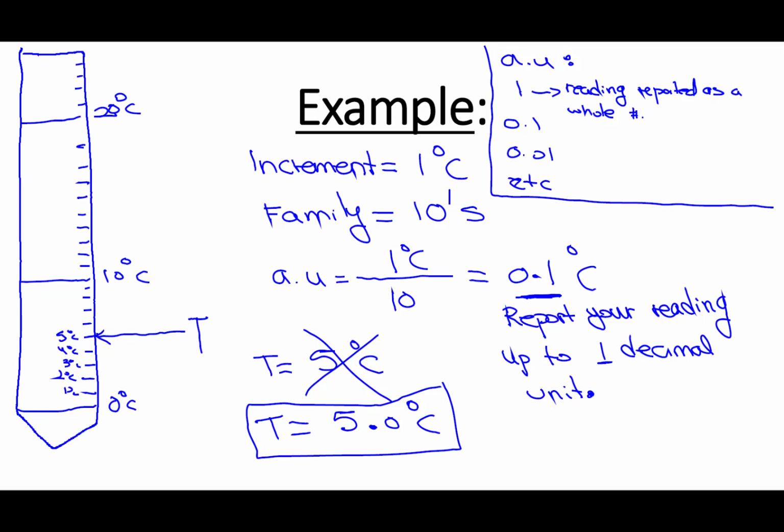If it's 0.1, it means the reading is reported in 1 decimal unit. If it's 0.01, the reading has to be reported in 2 decimal units, and etc. You will not get an absolute uncertainty like 500 or 20 or 2 or anything like this.